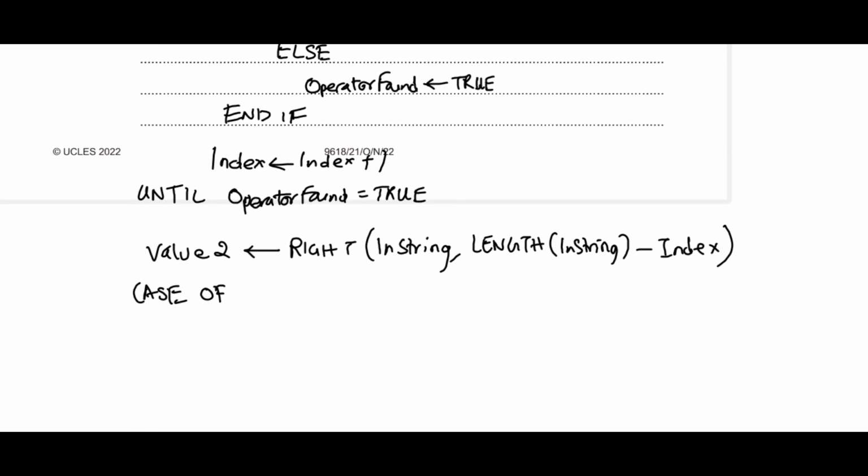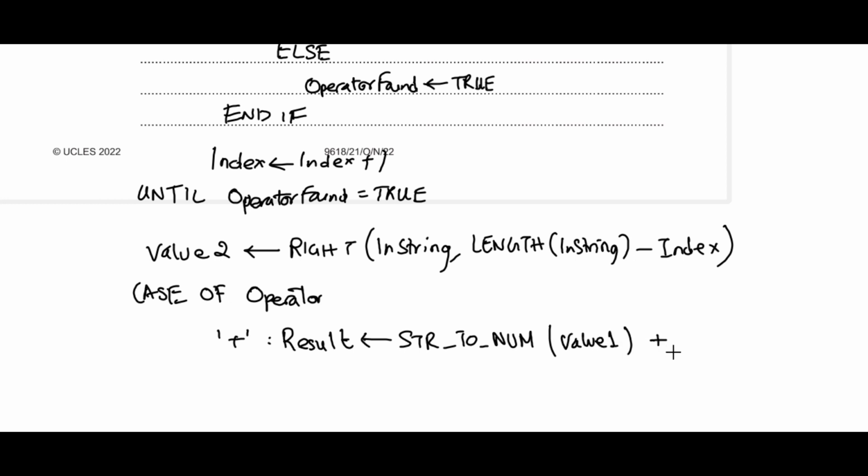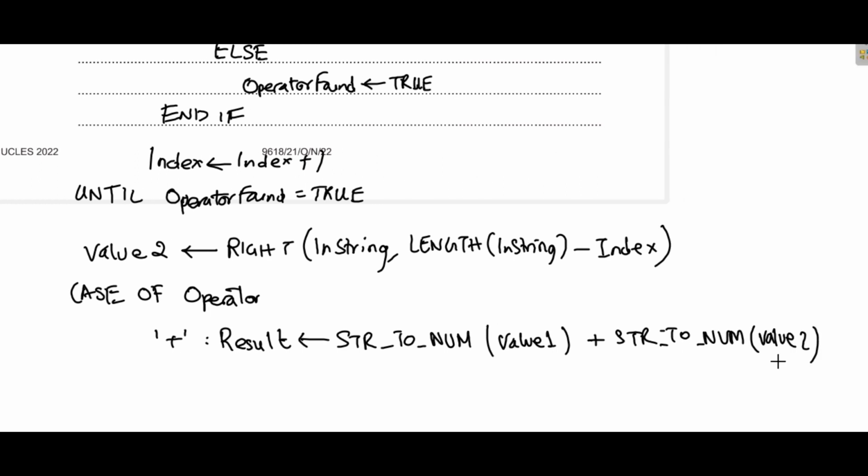So we're going to be going ahead and doing it. So case of operator. I'm going to use another variable, which is result. Everything over here was a string up till now. So string to num value 1 plus string to num value 2.